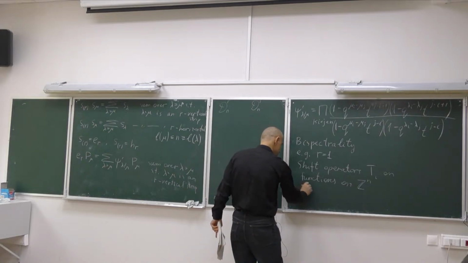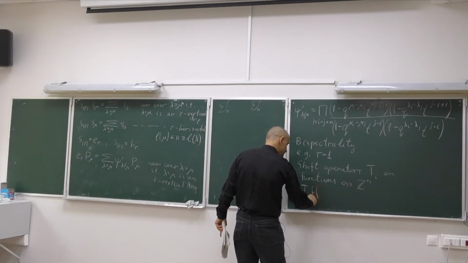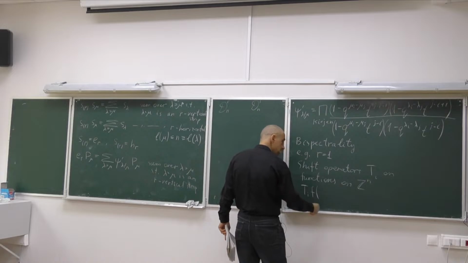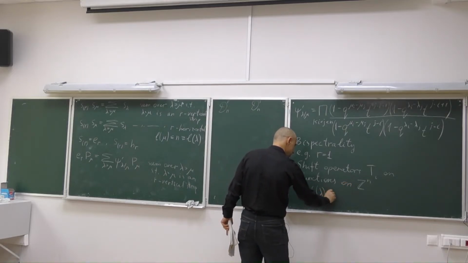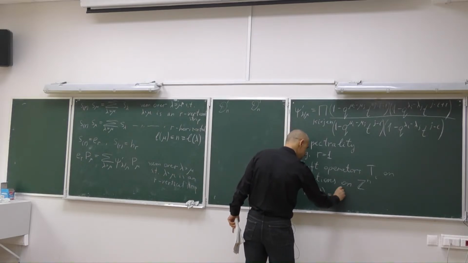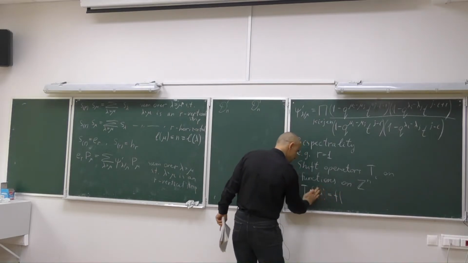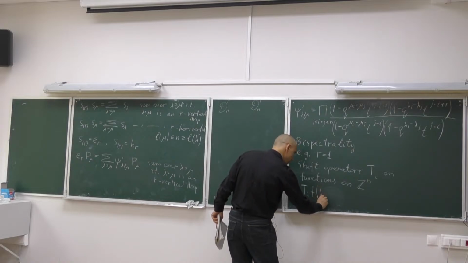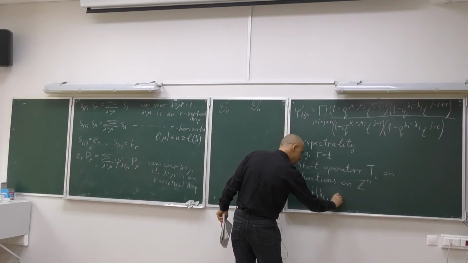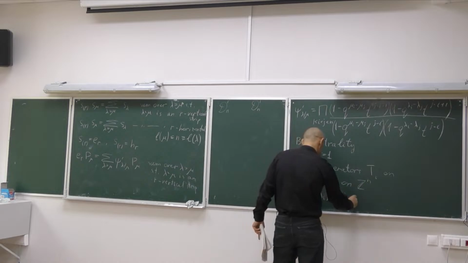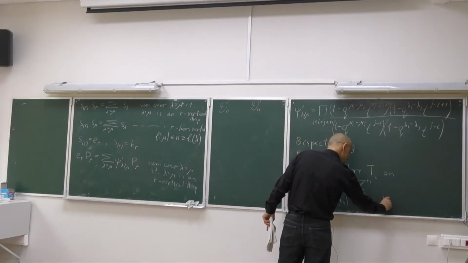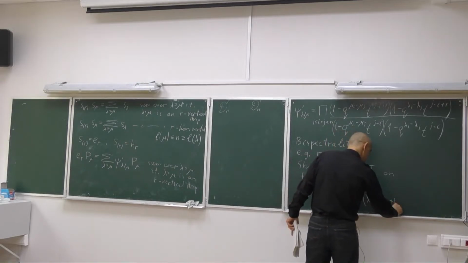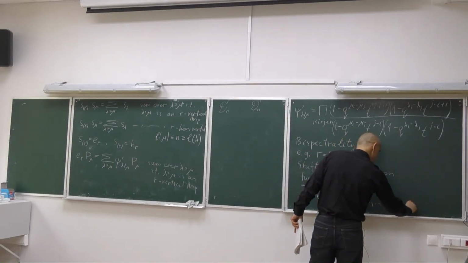Just Ti f of a certain vector, say lambda, maybe let me call it lambda 1 and so on, lambda n, is f of lambda 1 and so on, lambda i plus 1 and so on, lambda n.